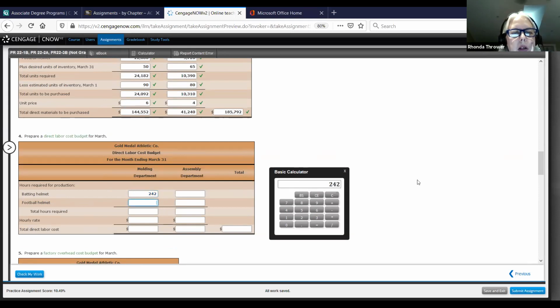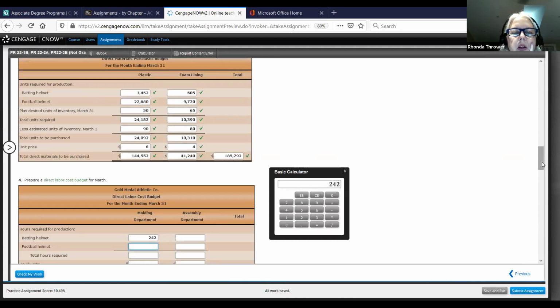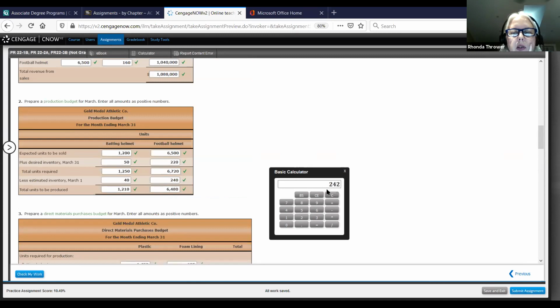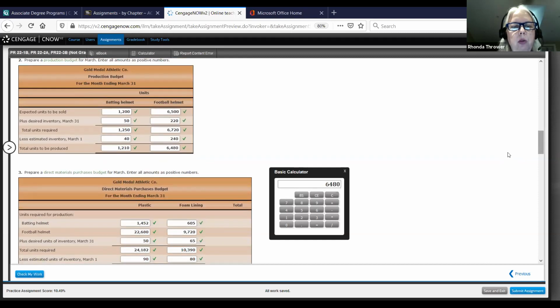For the football helmets, the number of units that we're producing is 6,480. So I'm going to take 6,480 from our production budget, and I'm going to determine how much time it takes to produce the football helmets in the molding department.